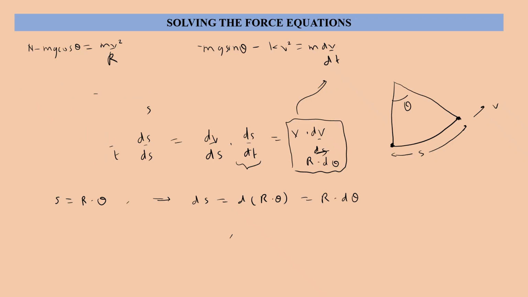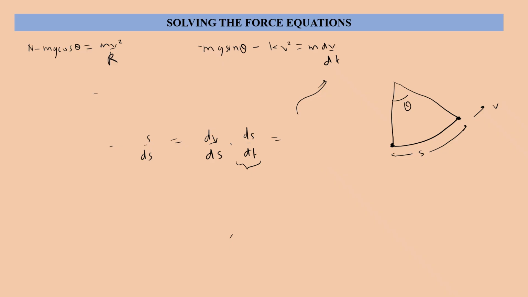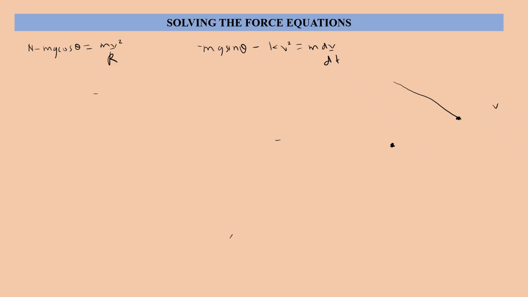That will be needed if I have to solve this. So I write this as m times v dv over r d theta.